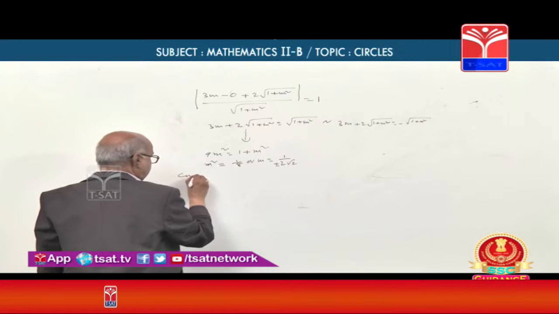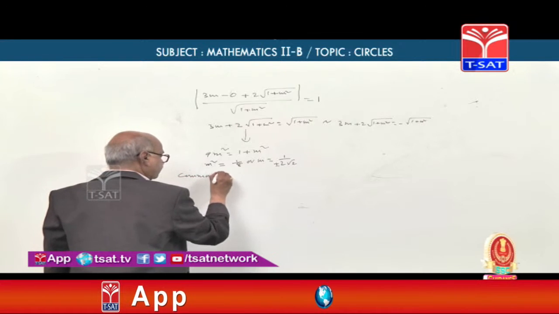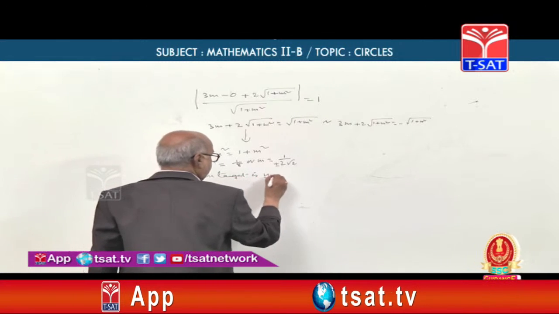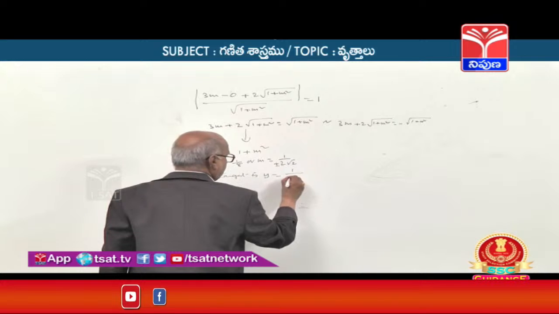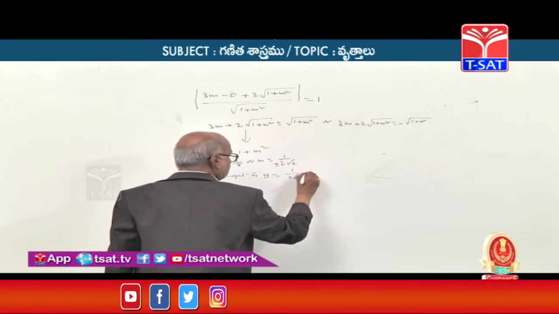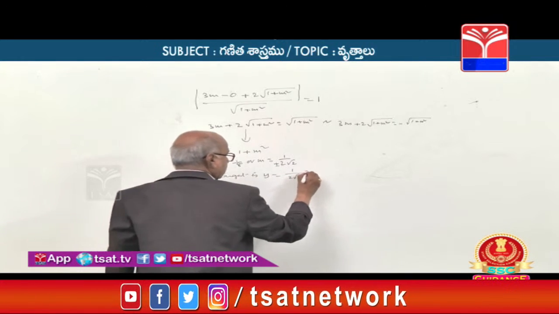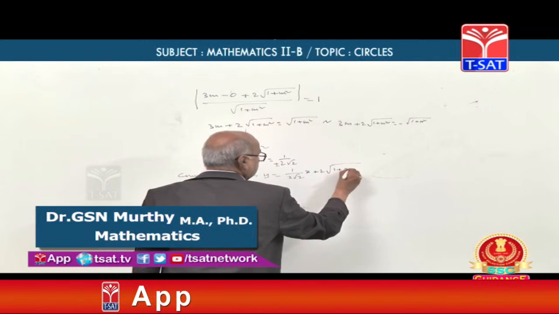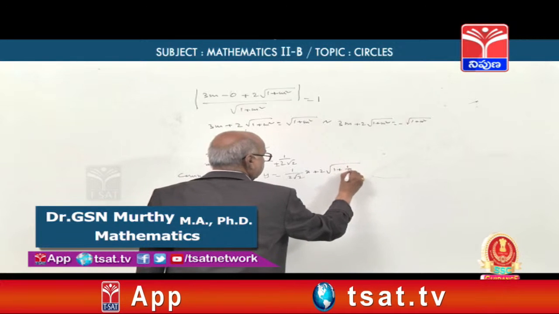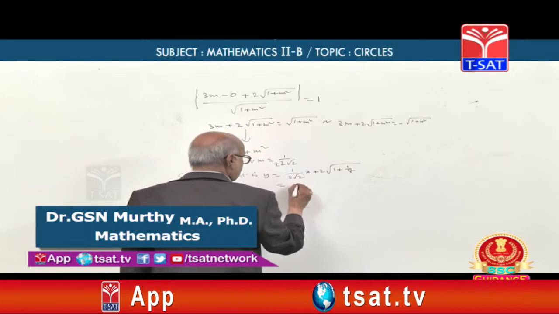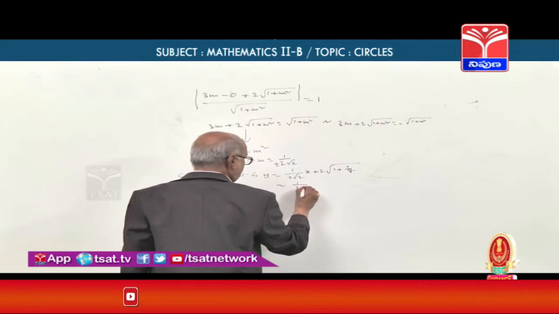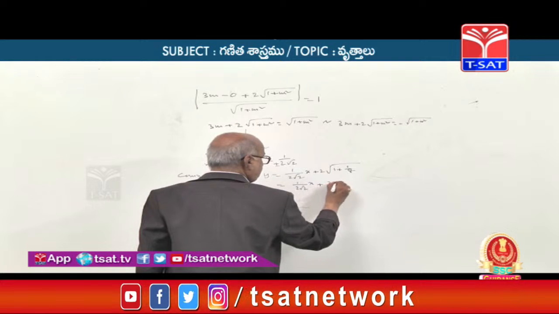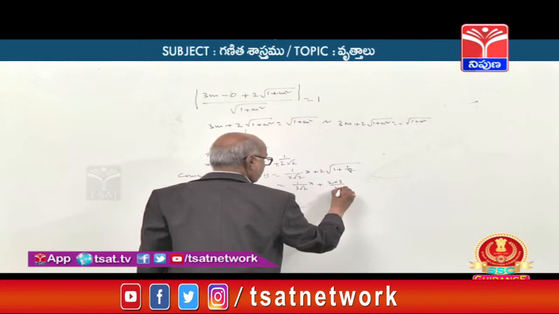So, among them, common tangent is y is equal to 1 by 2 root 2 into x plus 2 into square root of 1 plus m square, means 1 by 8. So, that is 1 by 2 root 2 into x plus 2 into 3 by 2 root 2.